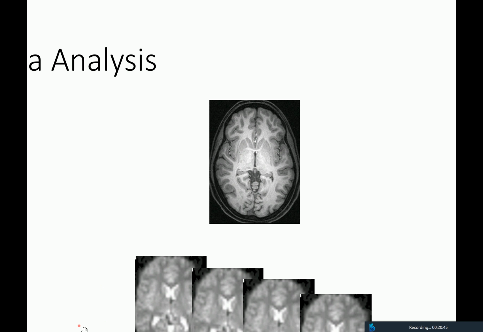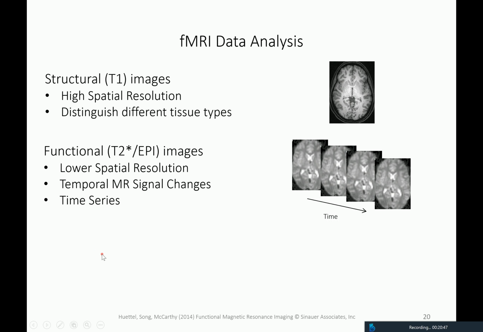So for fMRI, what is actually used are so-called T2 star weighted images or echoplanar imaging images, which have lower spatial resolution, commonly, let's say, 2 by 2 by 3 millimeter voxels.